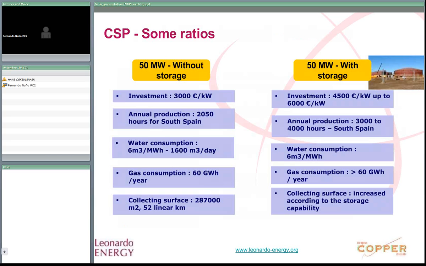There is also gas consumption to maintain temperatures during the night, and collecting surface is about 300,000 square meters, in other terms 52 linear kilometers, without storage. With storage it's increased accordingly, but usually ranges 90 kilometers.